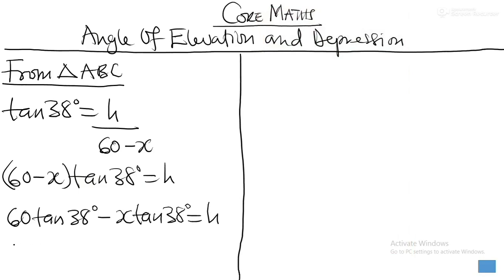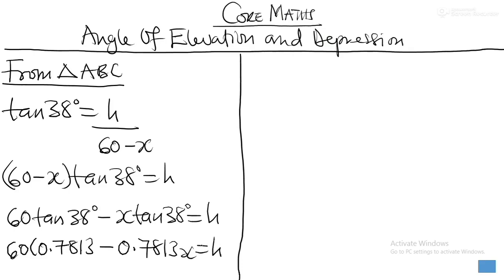We are now going to have 60 times 0.7813 minus 0.7813x equal to H. So let's multiply and then we move on.